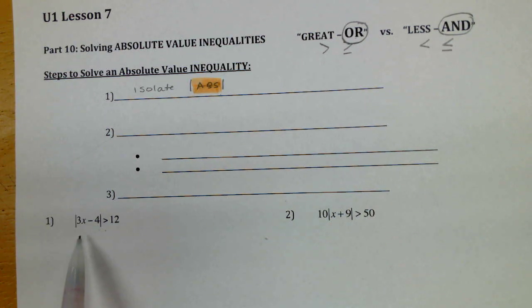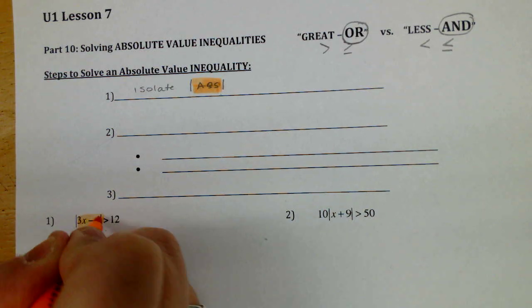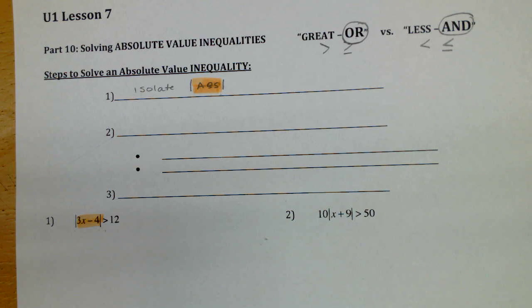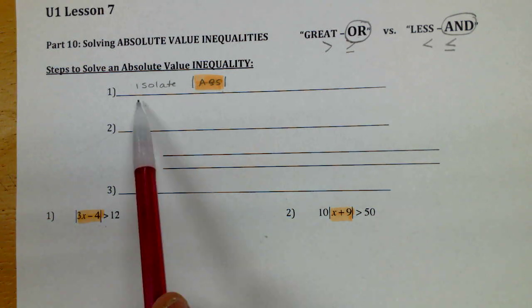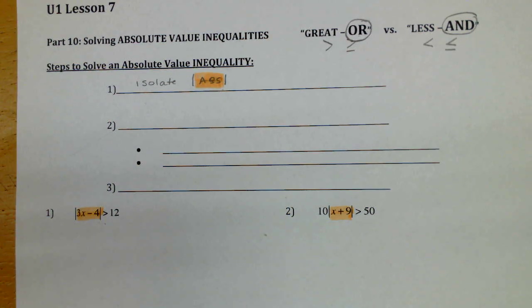If we look down here at our examples, number one, the absolute value is by itself on one side. But on number two, the absolute value is not by itself. So we would have to isolate it first. We would have to do some algebra first. So the first thing we're going to do is isolate the absolute value.